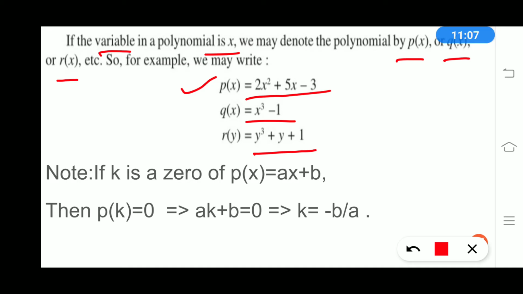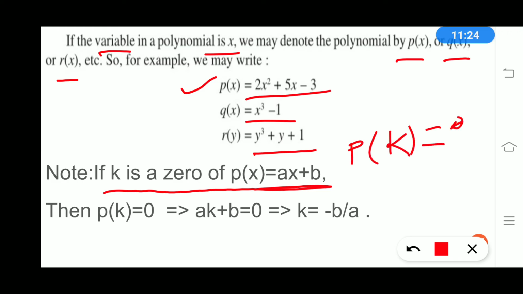Now note, if k is a zero of the polynomial p of x equal to ax plus b, then p of k equals 0. Since k is a zero of the polynomial p of x, p of k equals 0.